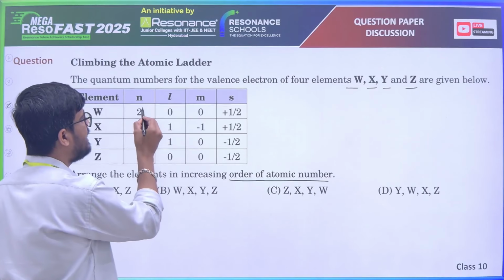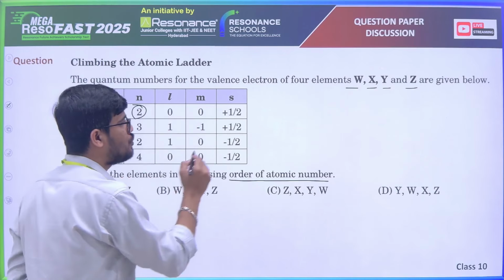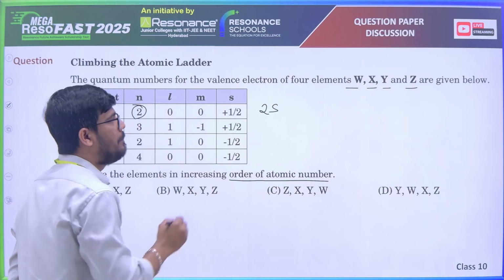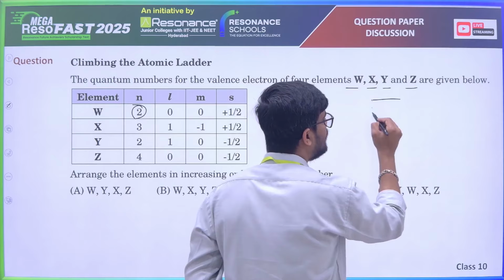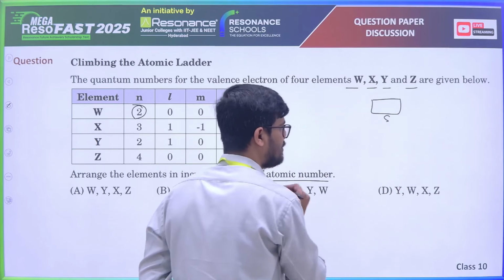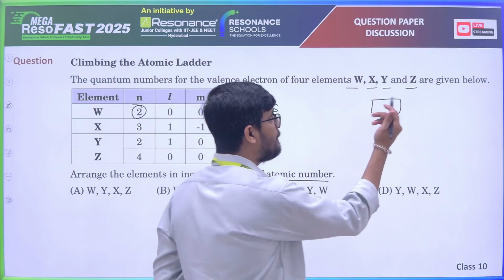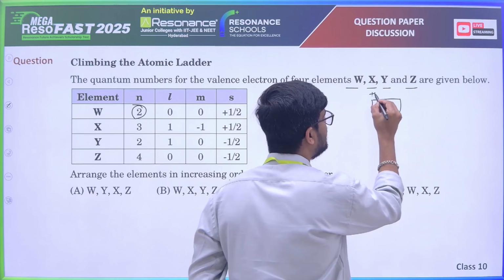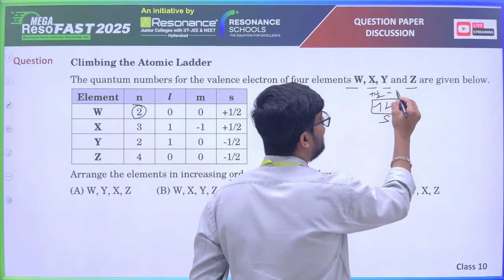See, principal quantum number is 2 and l value is 0. That means 2s. And see, plus half. There is a convention that if you add the first electron in the s subshell, we write plus half, and if you add the second electron, it will be minus half.